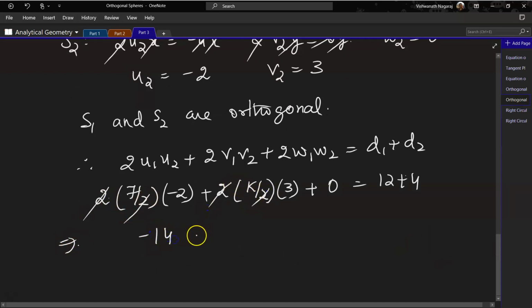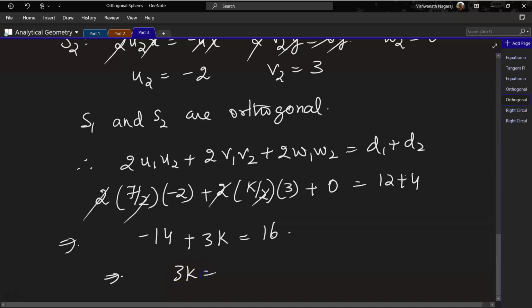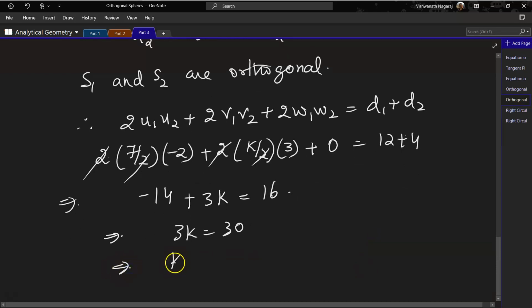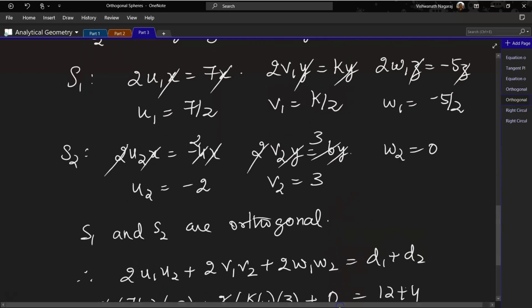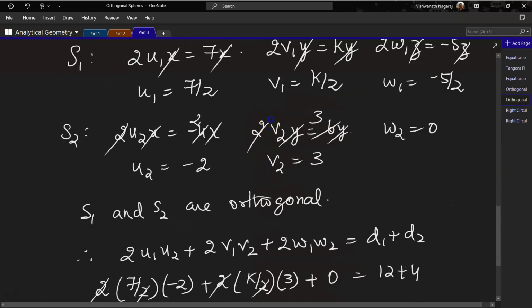So minus 14 plus 3k is equal to 16, which implies 3k is equal to 16 plus 14, 30, which implies k is equal to 10. So only when k is 10, only in that case S1 and S2 will be orthogonal.